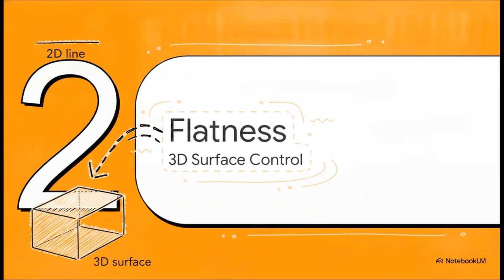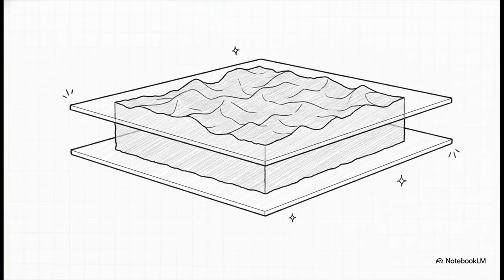Number 2. Flatness, 3D surface control. Let's move to and see how this builds from the top left of our matrix down to the bottom left. We're upgrading from evaluating a 2D line to an entire 3D surface. Flatness simply takes that 2D straightness concept and sweeps it across a full area.